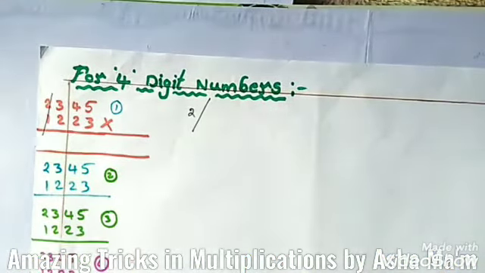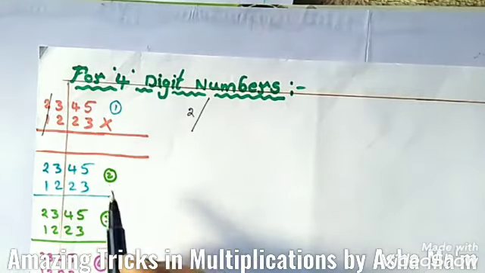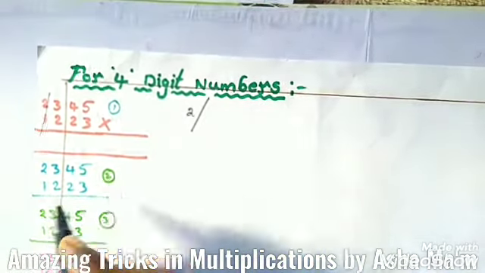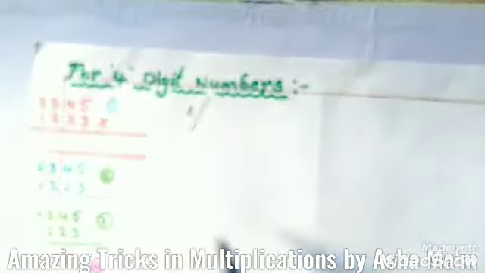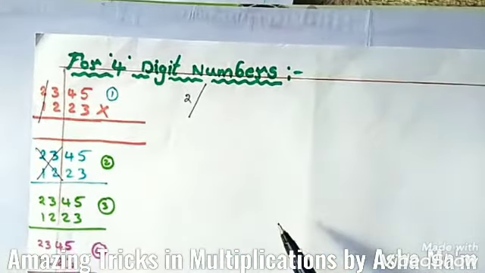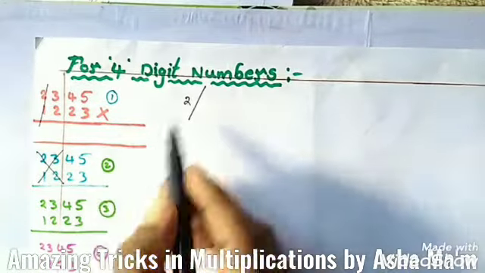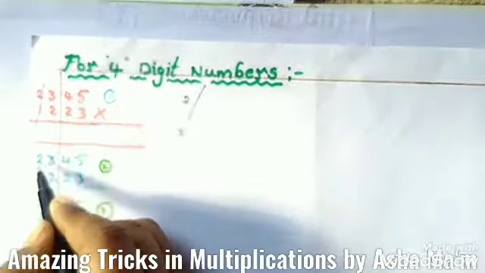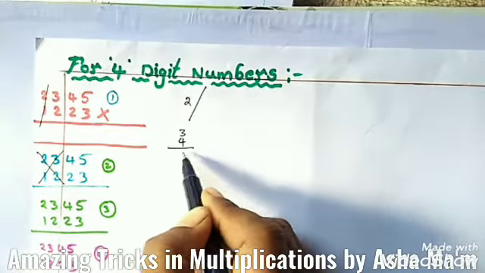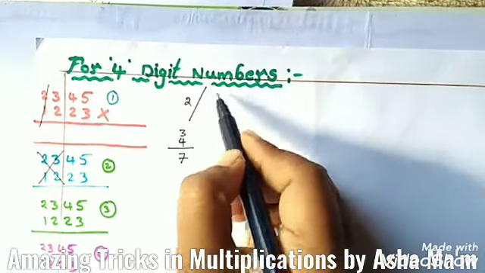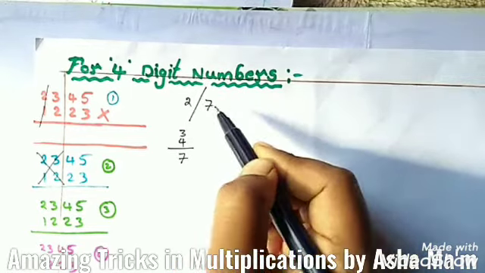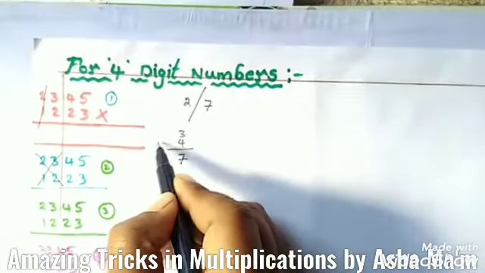And coming to rule number 2, what we have to do? Rule number 2, just cross multiplication in between these two numbers. Okay, so 3 ones 3, 2 twos 4, so 7. This 7 directly you should write here. Now this is second rule.